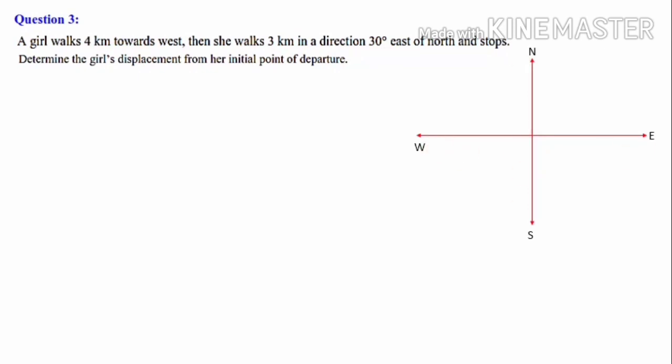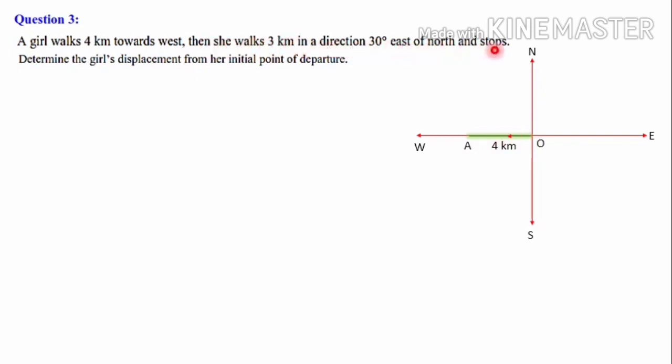A girl walks 4 km towards west. So the initial point is O, and from O she is walking 4 km towards west, meaning the negative side of the x-axis. If you consider the coordinate system, this is the x-axis, this is the y-axis, and she is moving towards west 4 km.